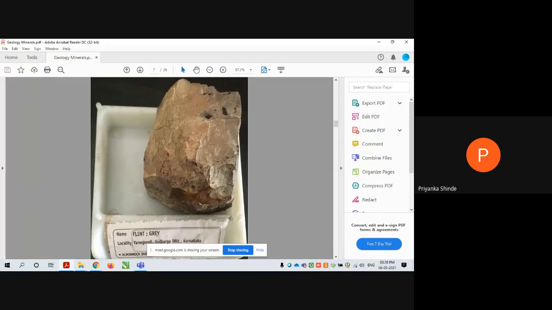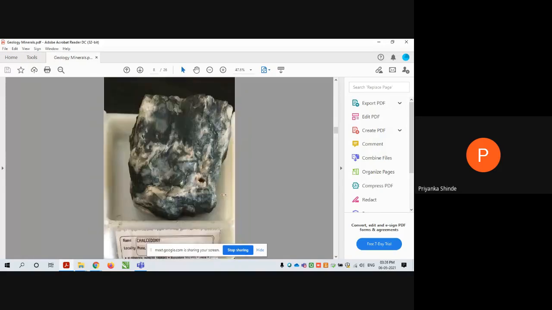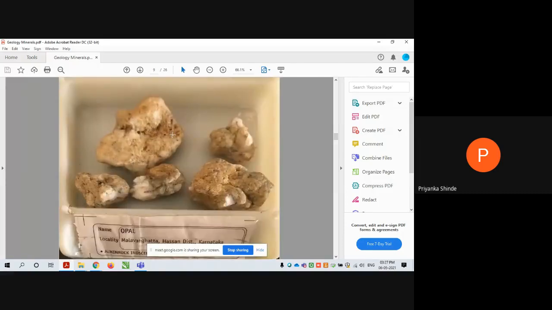The early man who was living in caves used this for hunting purposes, for killing animals. The name of this is flint. Then one more is chalcedony, which is green in color. Then opal. All these are varieties of quartz.